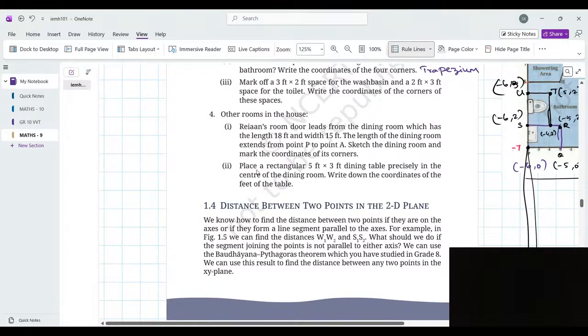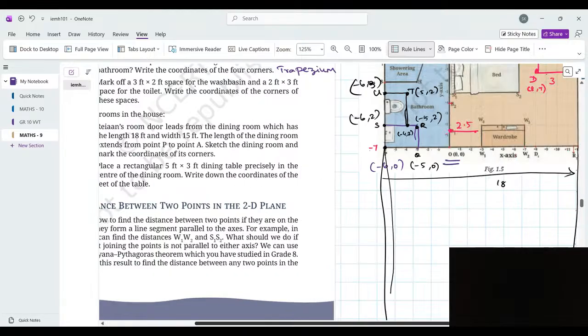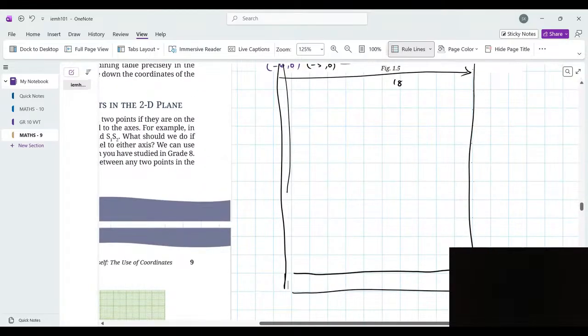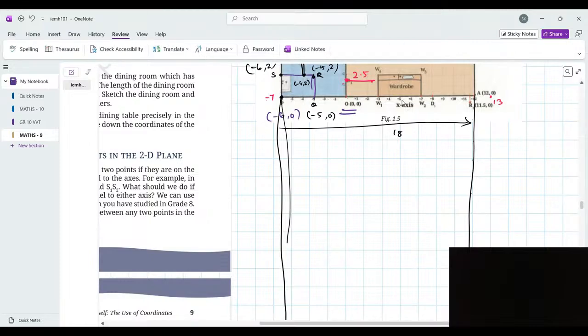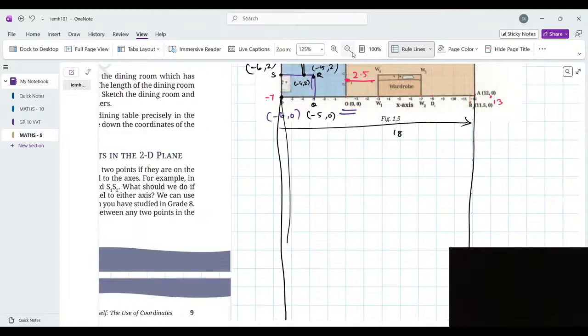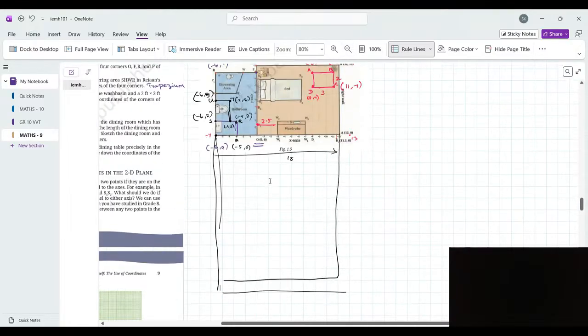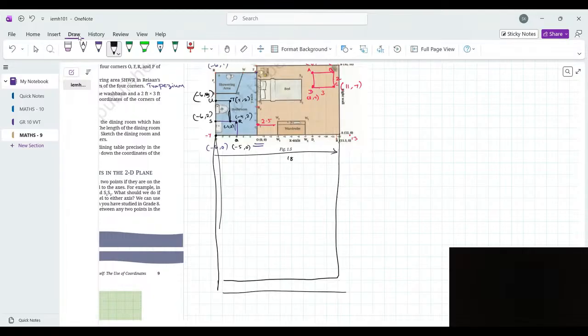Place a rectangular 5 feet by 3 feet dining table precisely in the center of the dining room. Write down the coordinates. So it is just marked 18 by 15.